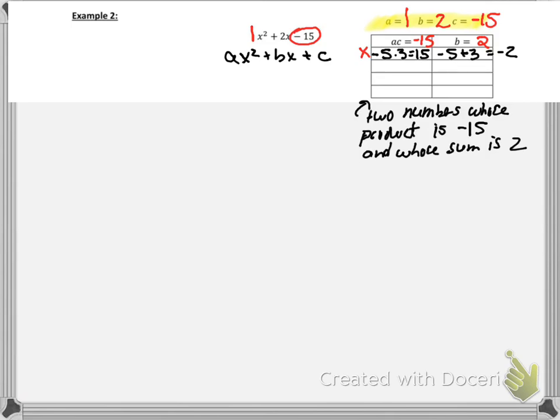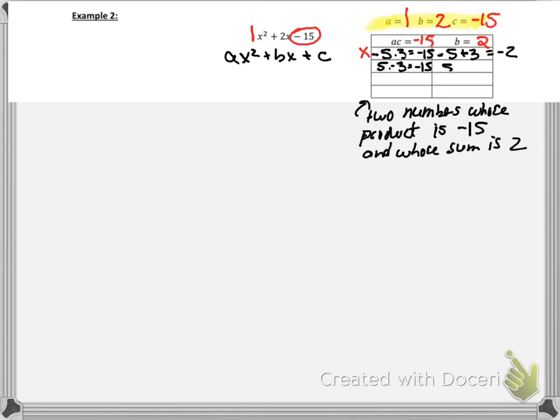So let's try it the other way. Let's make our 5 positive and our 3 negative. That's a times here. It's not working very well. Oops, just realized, that gives us negative 15. There we go.